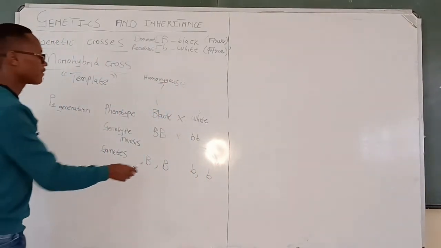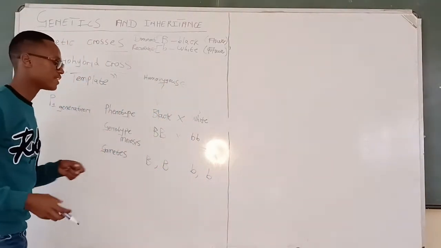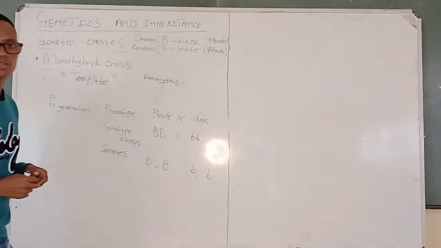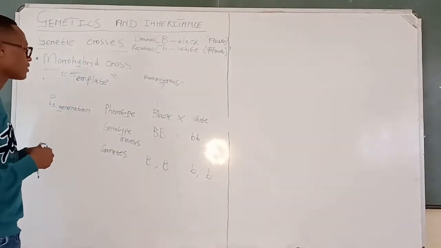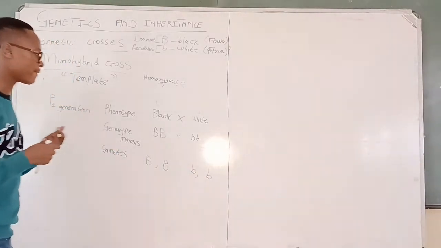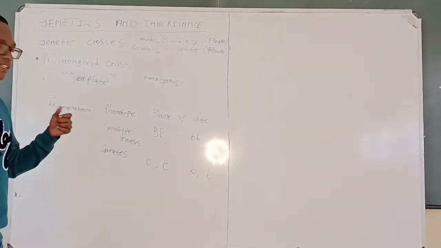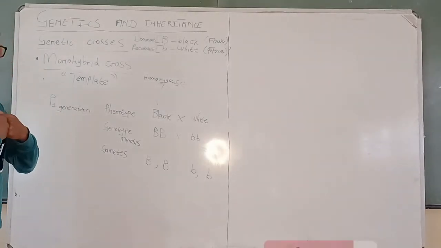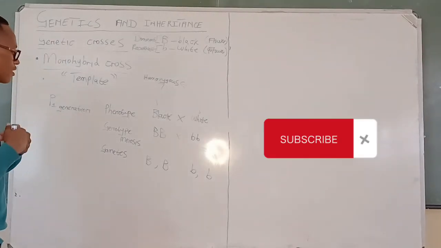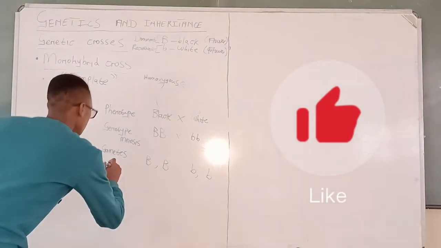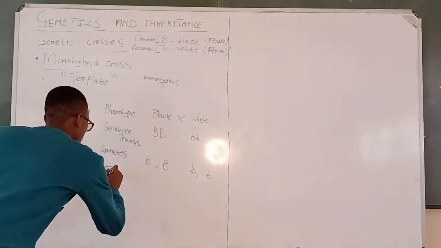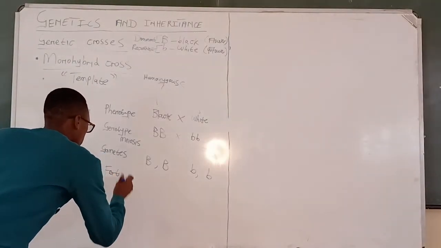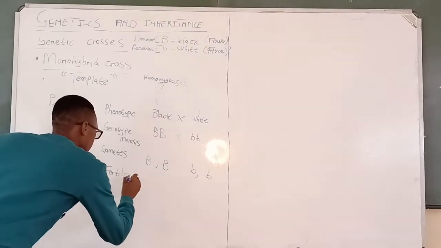Since now we have the gametes, these gametes have to undergo the process of fertilization. So now these two parents have to interbreed. When they interbreed, the process of fertilization is going to take place.